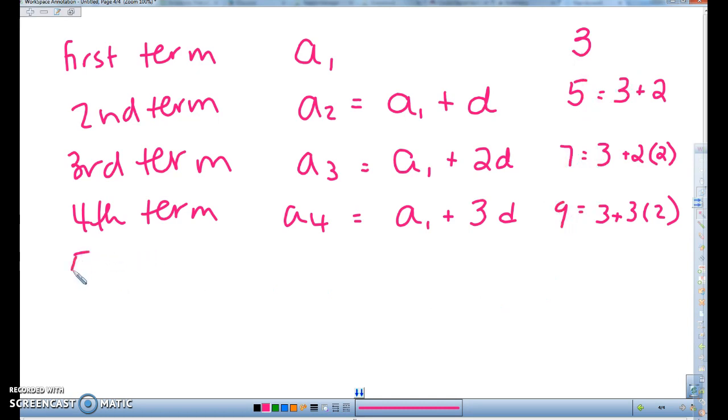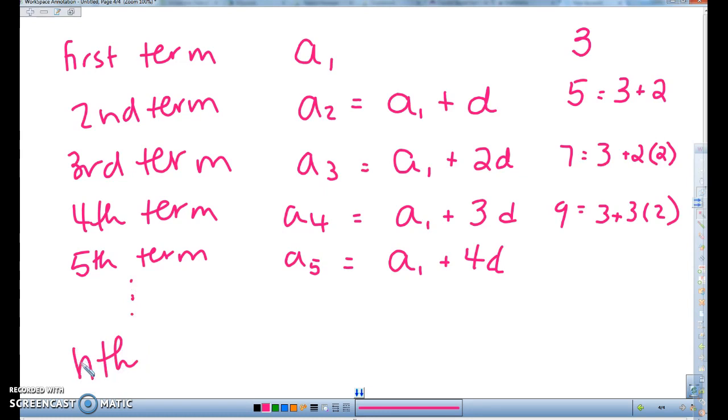So let's write the fifth term. How would we express it in terms of a sub 1? Good, it would be a sub 1 plus 4 times d. And we can keep going and keep going. But eventually we want to talk about our nth term.